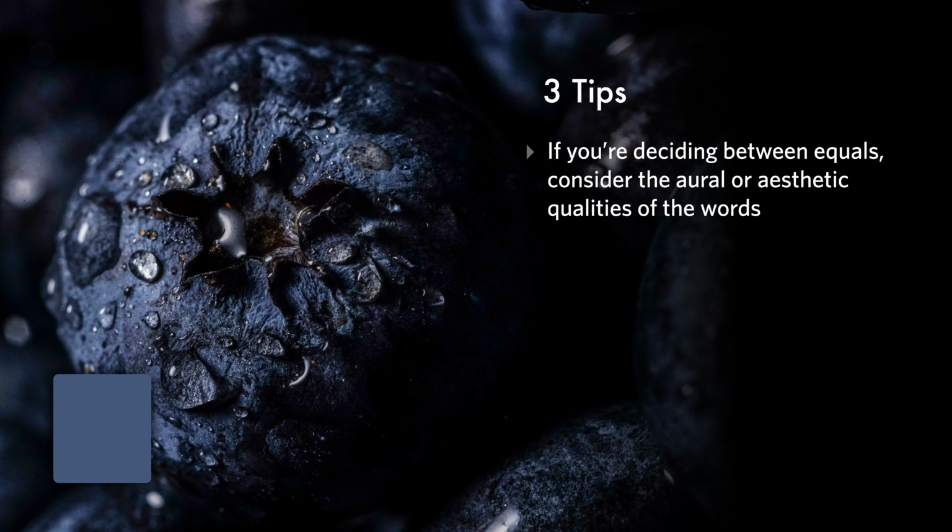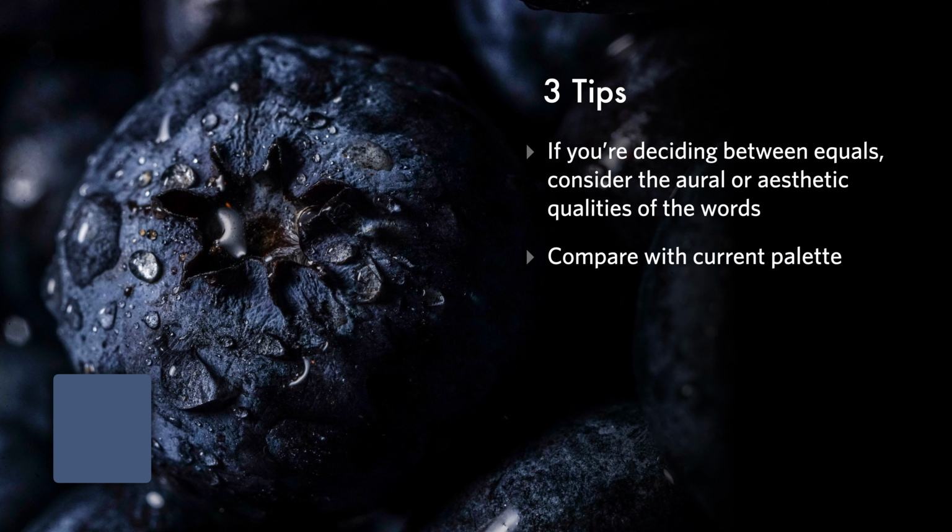And then let me close with a few quick tips. And that is, if you're deciding between equals, think about the oral or the aesthetic qualities of the words. Sometimes names are hard to say and you might really like it, but it can be tricky for your sales or your marketing team to deal with.